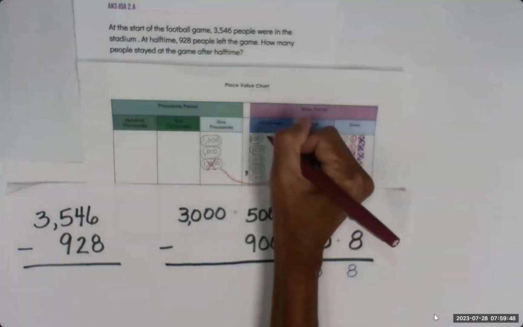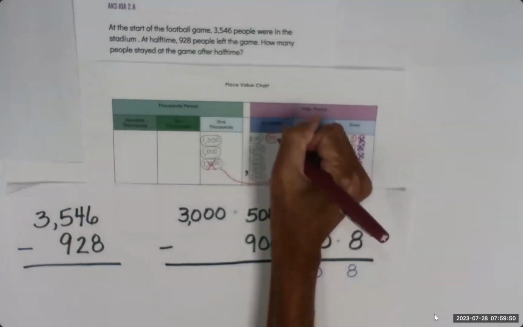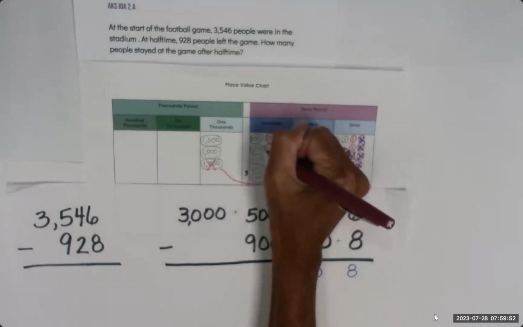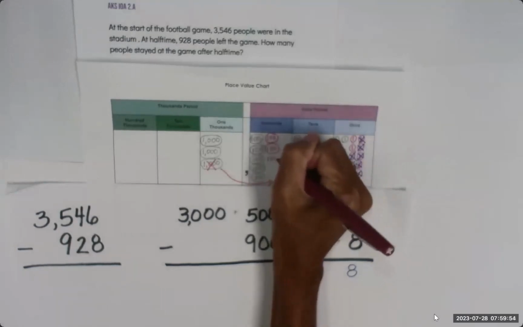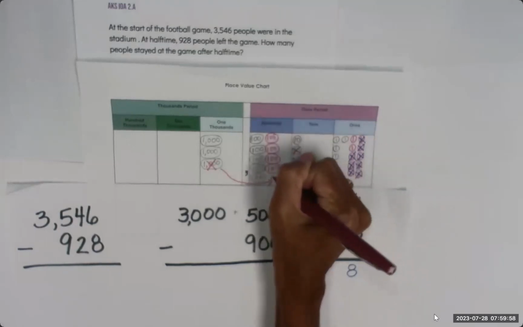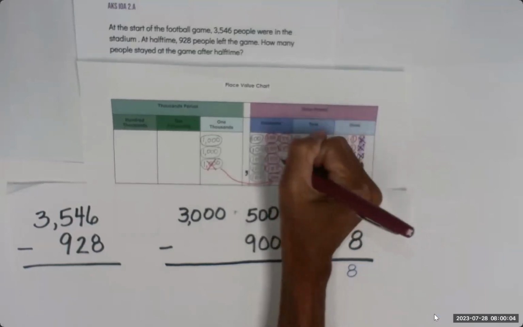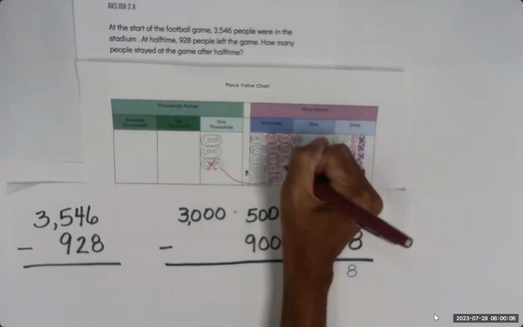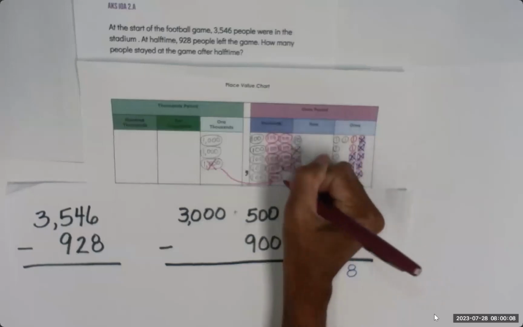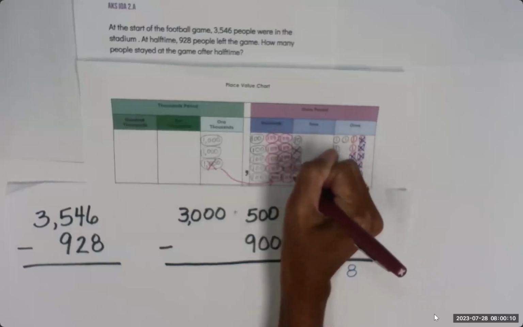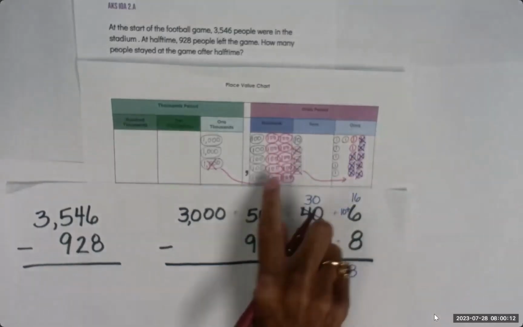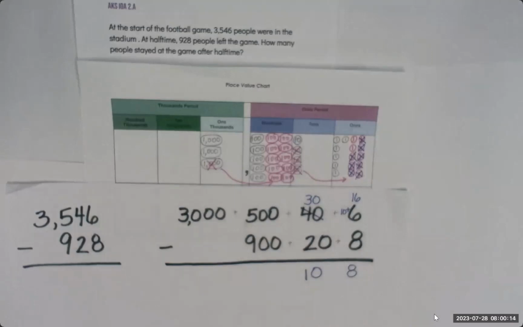And I'm going to draw 10 hundreds. All right, so 10 hundreds is the same as 1,000.